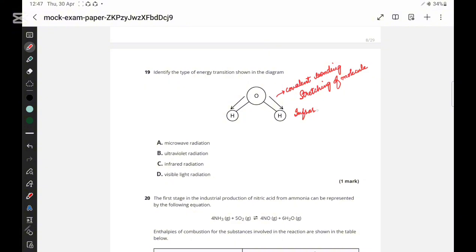Infrared radiation is associated with molecular vibration, such as bond stretching. So our answer is going to be infrared radiation, that is C.